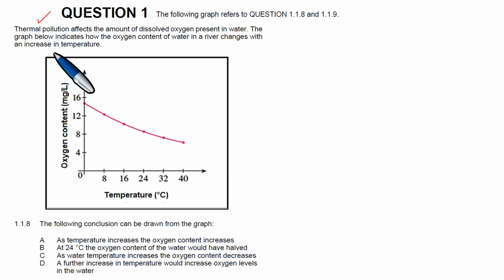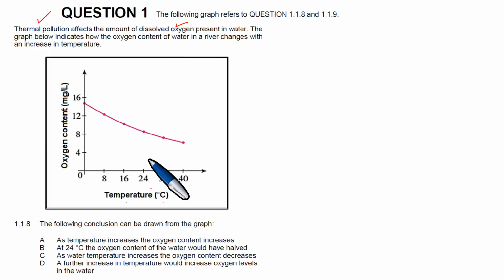Thermal pollution affects the amount of dissolved oxygen present in water. The graph below indicates how the oxygen content of water in a river changes with an increase in temperature.